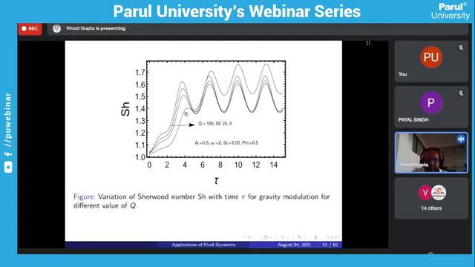So these are some effects of the Smith number, magnetic Prandtl number, and the frequency of modulation on the system, whether they will increase the mass transport or decrease it. Accordingly, we will choose their values in our practical problem.